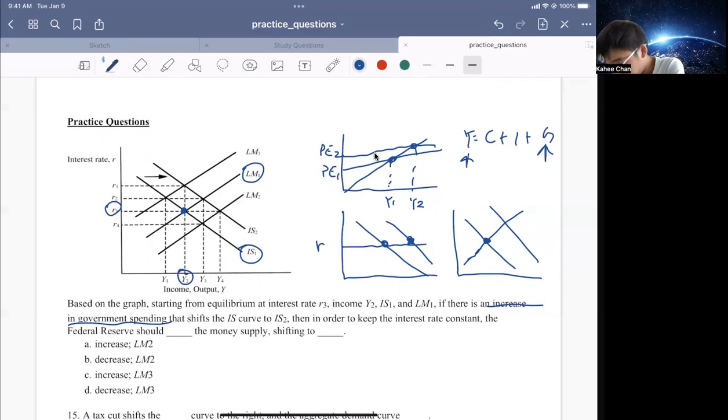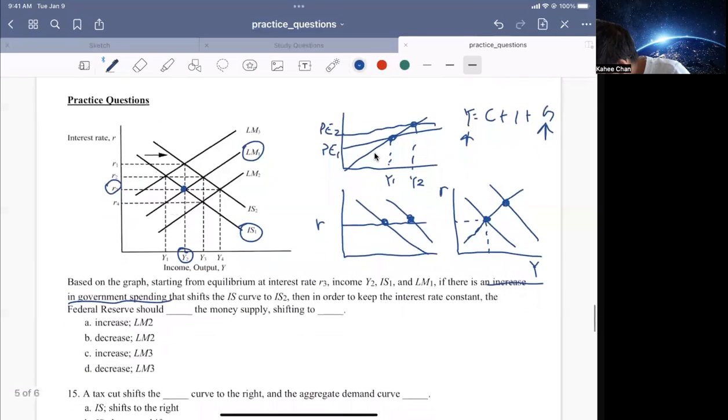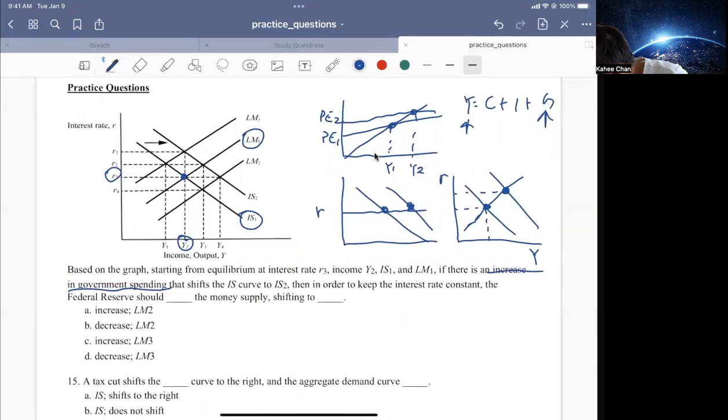Here we can see, if we combine it with the LM model, there is an increase in both interest rate and income.